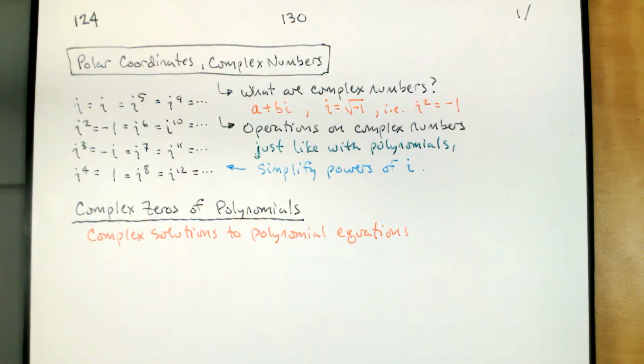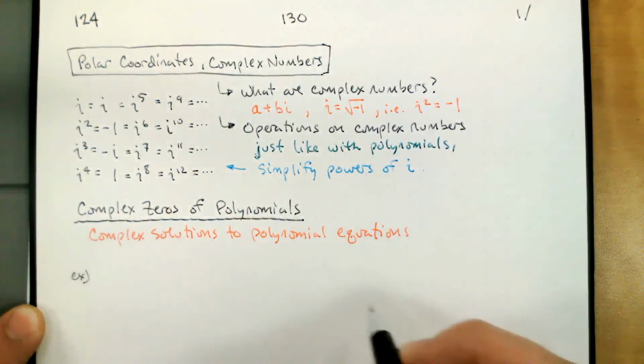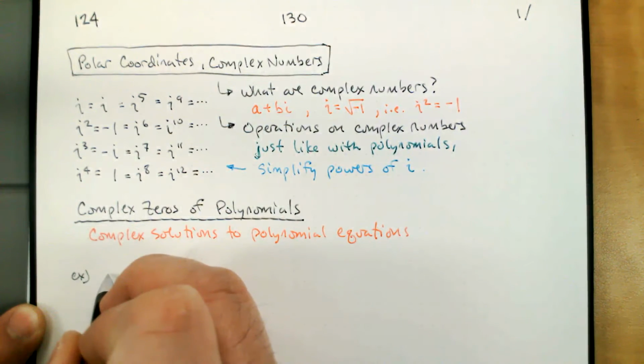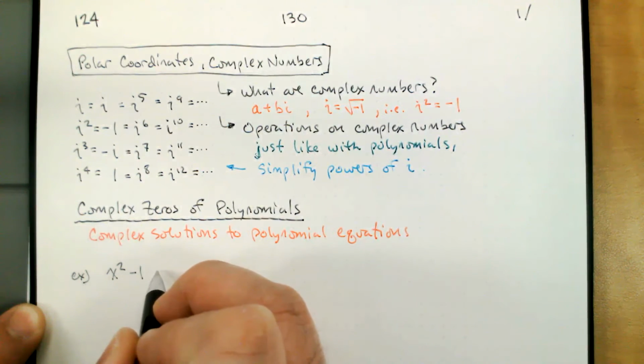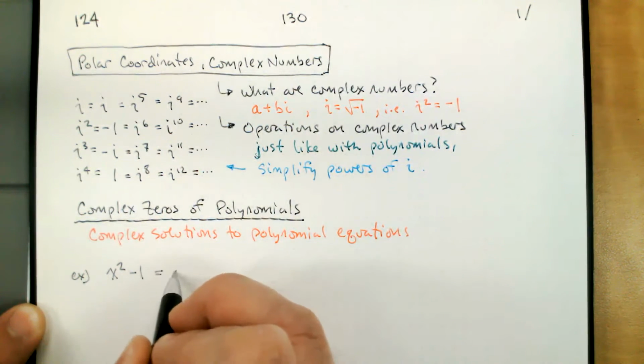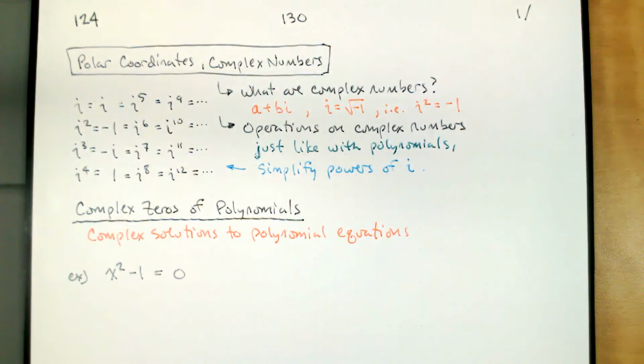All right, so let's talk about our zeros of polynomials in general. And then we'll talk about the complex zeros of polynomials. I want to start with our most basic one.